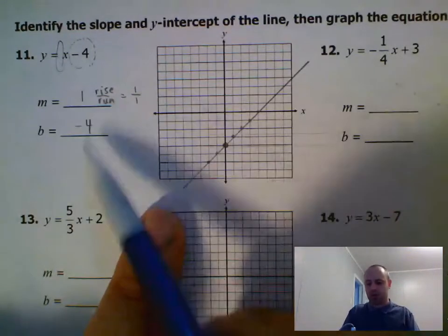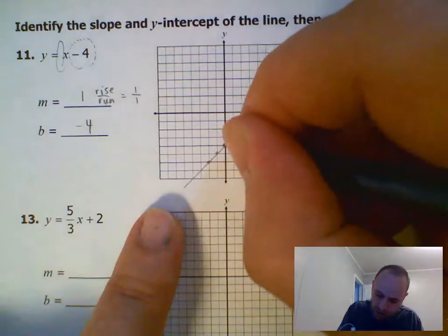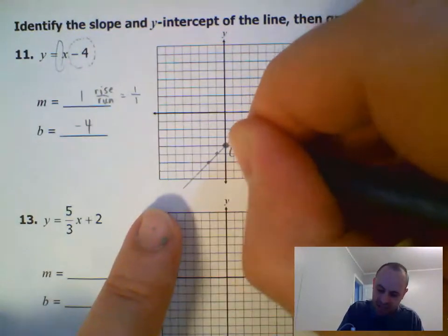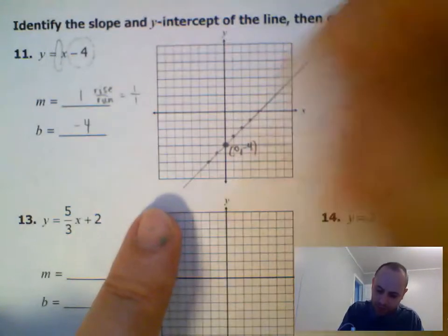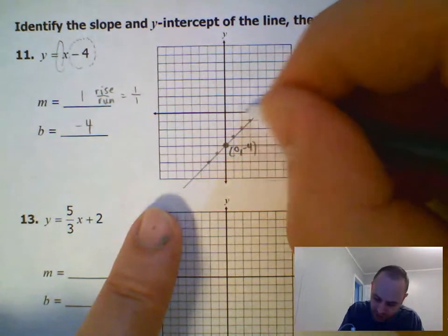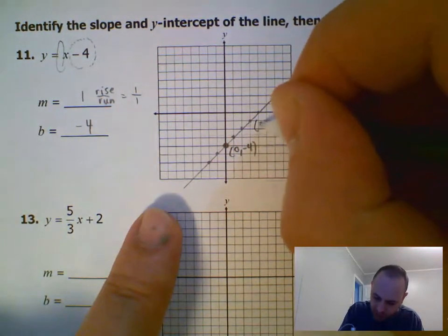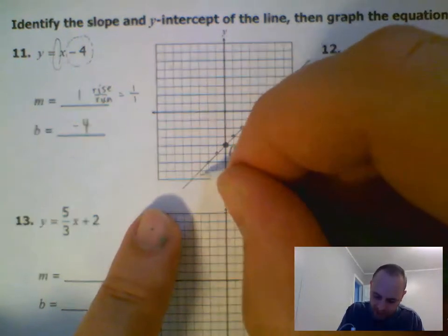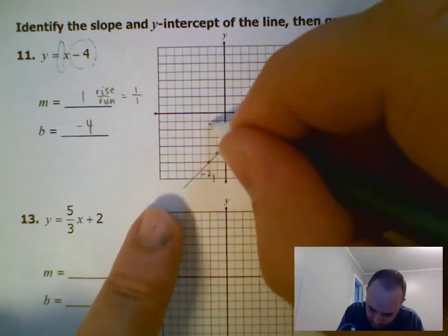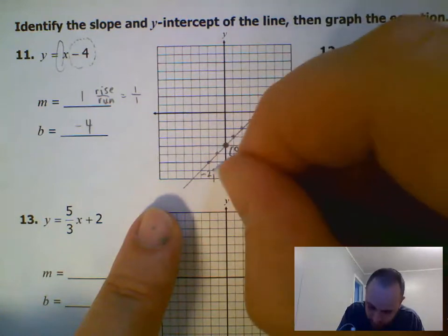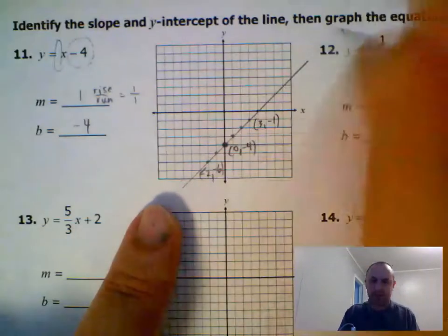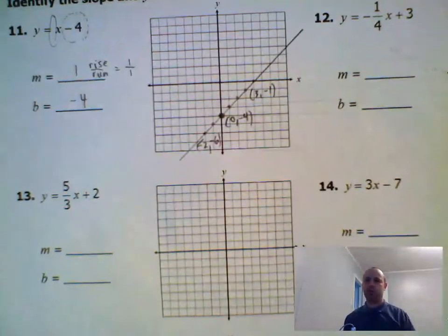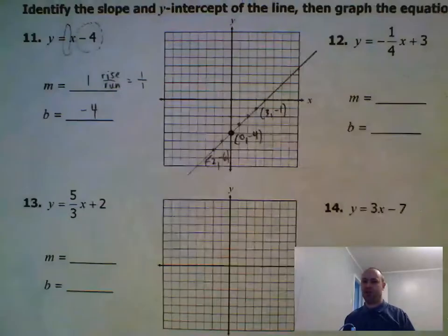Make sure you show your work, and then show some points. So make sure you know that this is like 0, -4. This one's like 3, -1, and maybe this one like -2, -6. Okay, so if you don't show that work, you will lose points. You do need to show some work on that.